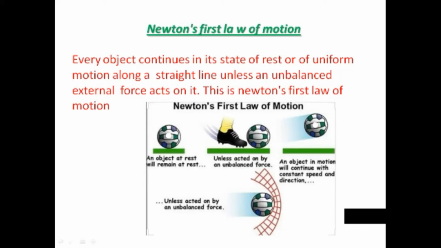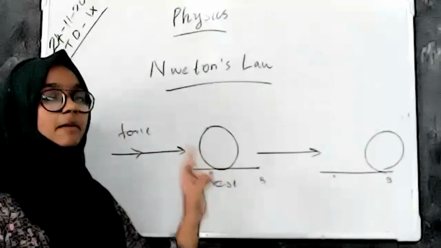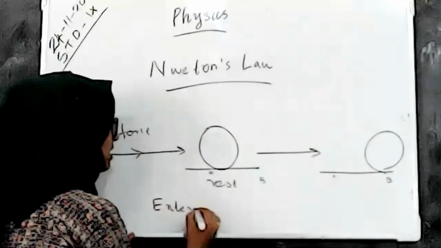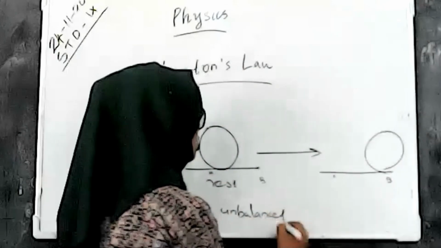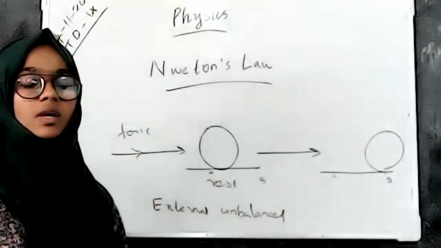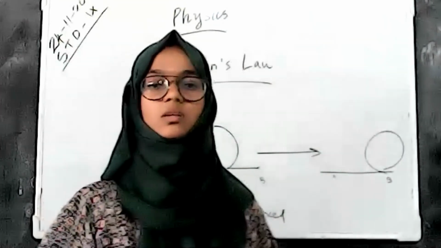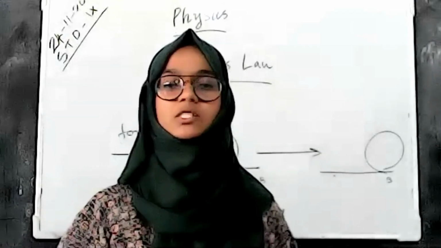I think all of you understand what the figure is showing. And this is Newton's first law of motion. So Newton's first law says that an external unbalanced force is needed to change a body's state of rest. Every body needs an external unbalanced force to change its state of rest. This is all that Newton's first law of motion says.